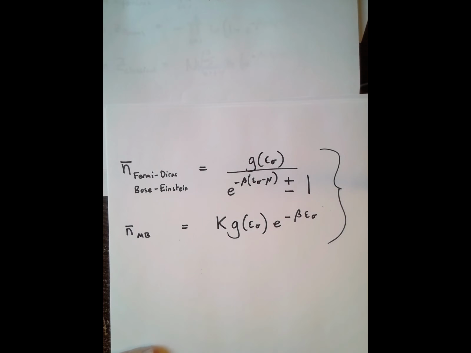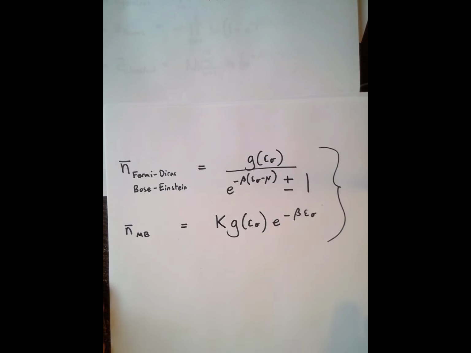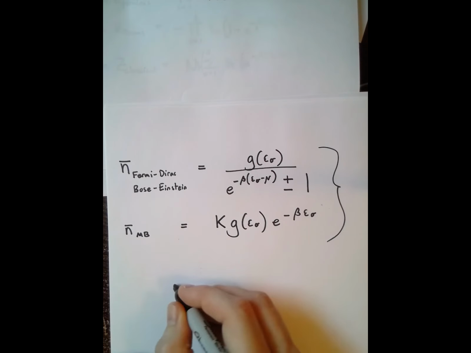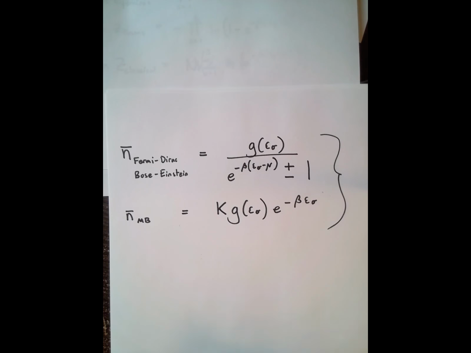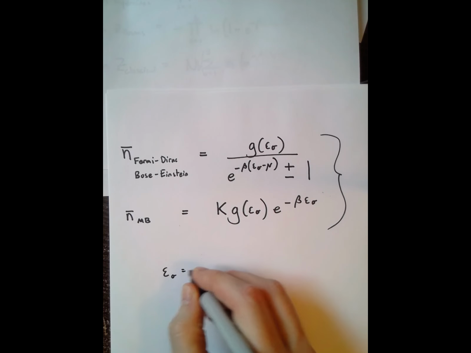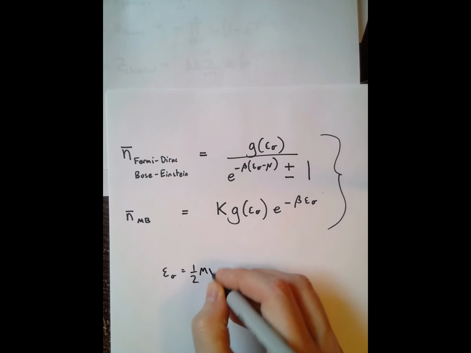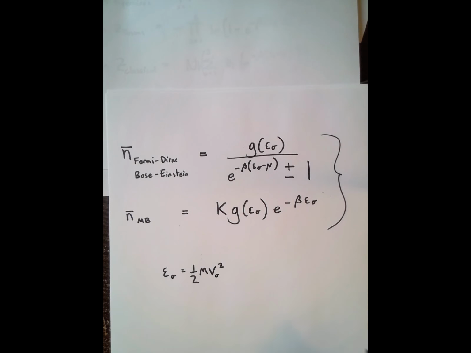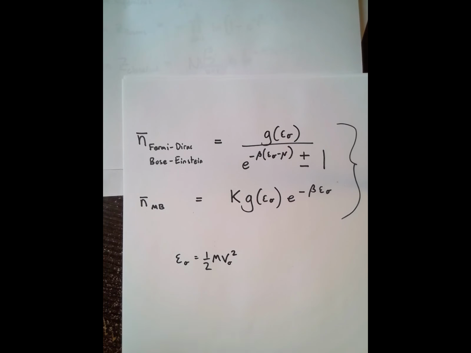So we can write this in the form of an equation for velocity. If you have a gas that is non-interacting, then the energy is just 1/2 mv squared for that particular state, so for a particular velocity. The degeneracy, well, that's how many states have this velocity.